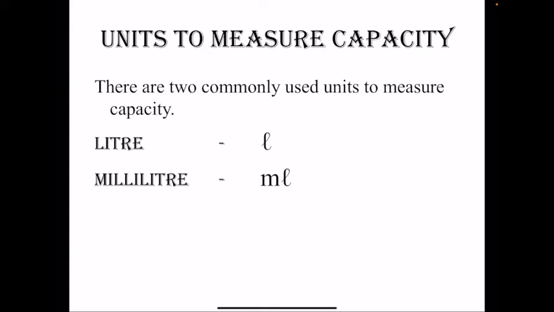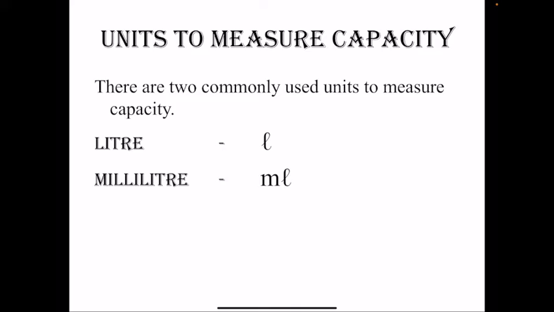Now, what are the units to measure capacity? Just like we studied about length and weight, there are certain units to measure capacity also. There are two commonly used units to measure capacity. They are liter and milliliter.